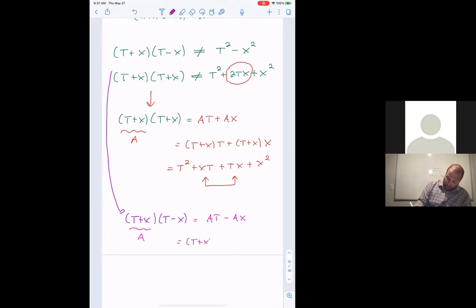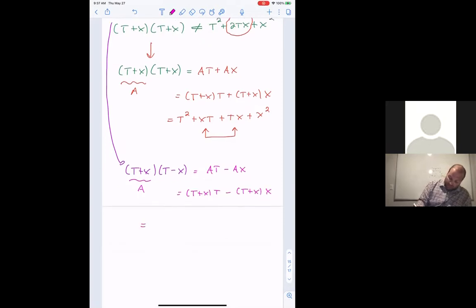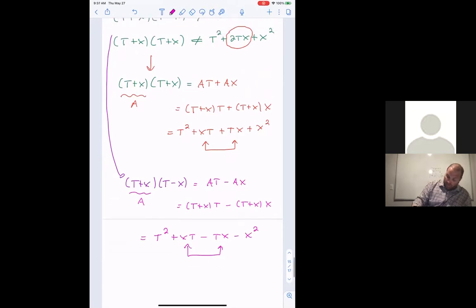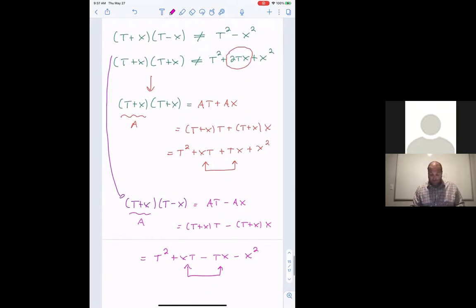That's (t plus x)t minus (t plus x)x. And now if I distribute again, I get t squared plus xt minus tx minus x squared. And again, these two guys do not necessarily cancel because they're not necessarily equal. Therefore, we don't get t squared minus x squared. Okay, so that was it.